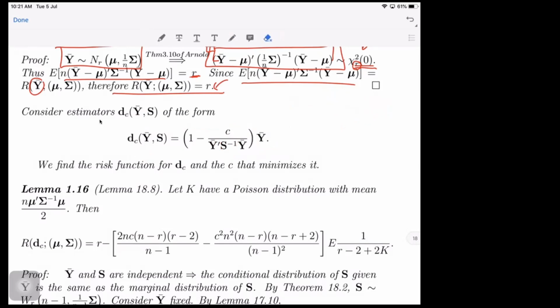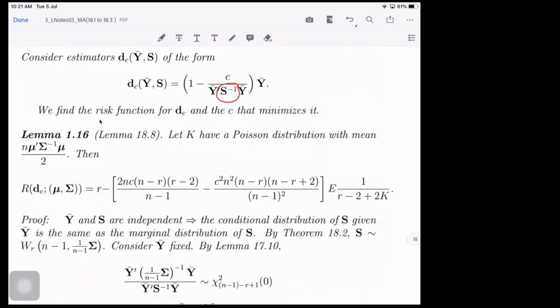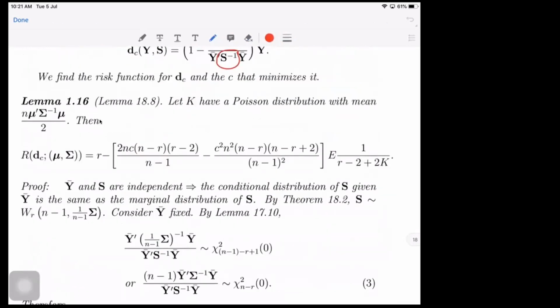Okay? Yes, ma'am. This is really the form in the multivariate case. We will have, because the Mahalanobis distance will have this form, sigma inverse. So it should be that also. Are you with me? Yes, ma'am. Okay. So we still have the results with respect to a random variable k, which is Poisson distributed, but this time it is with this mean mu.